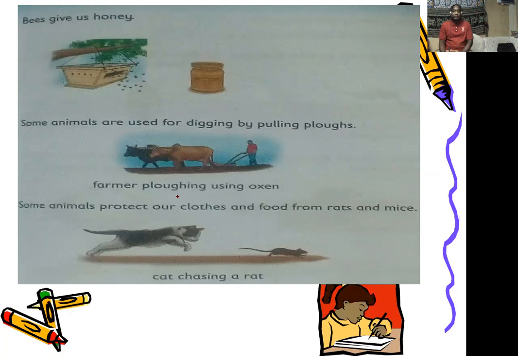Some animals protect our clothes and the food from rats and mice. If you look at the picture, there is a cat, and the cat is busy chasing away rats. So the cat is a useful animal because it chases away rats which can spoil our clothes and grains.